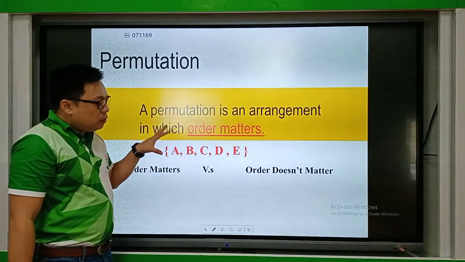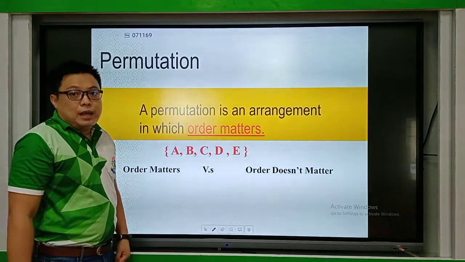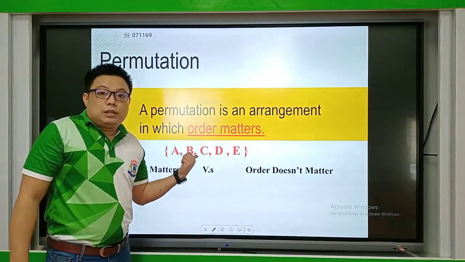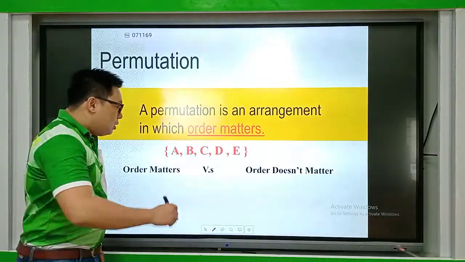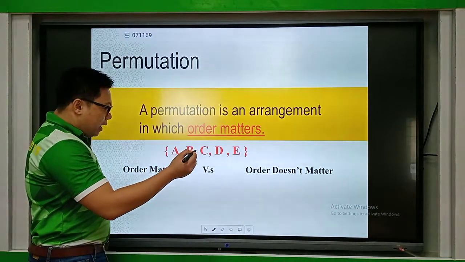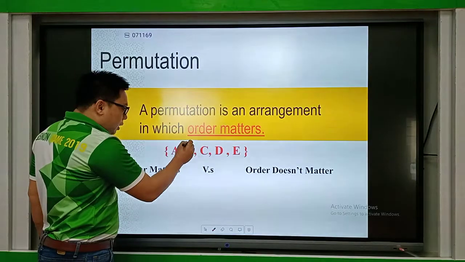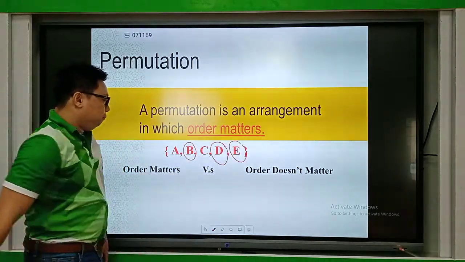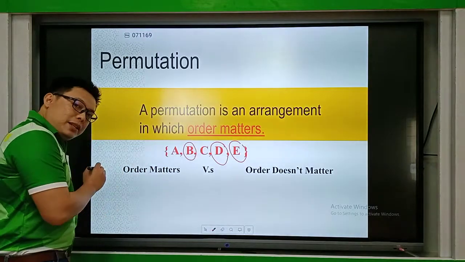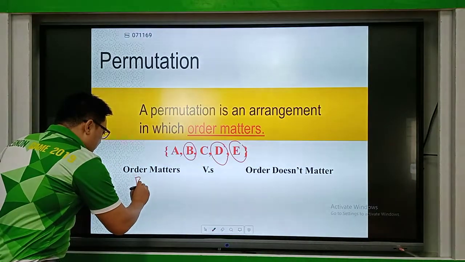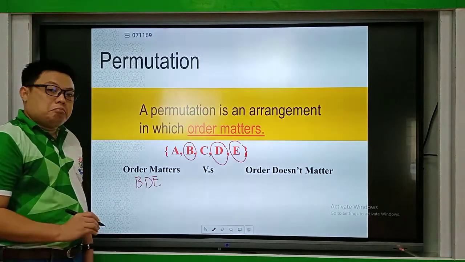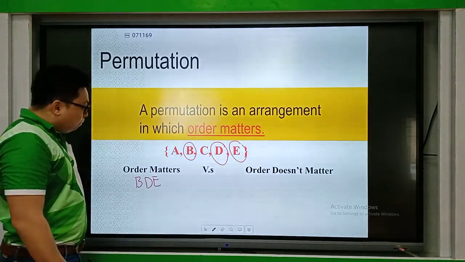So we want to get a set of 3 letters out of the set of 5. Let's say I want to choose B, D, and E. So order matters. B, D, and E. So this is the first set.